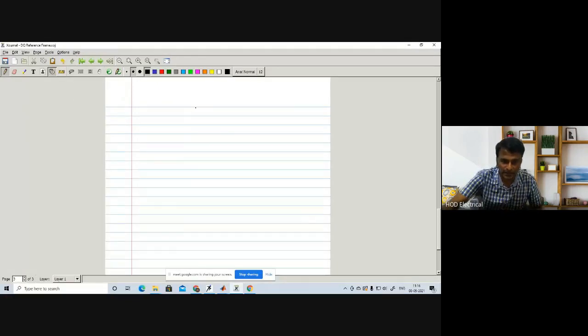In the last lectures, we have learned that this is our alpha axis, and this is our beta axis. Then we have another axis, the D axis, and we have this Q axis.